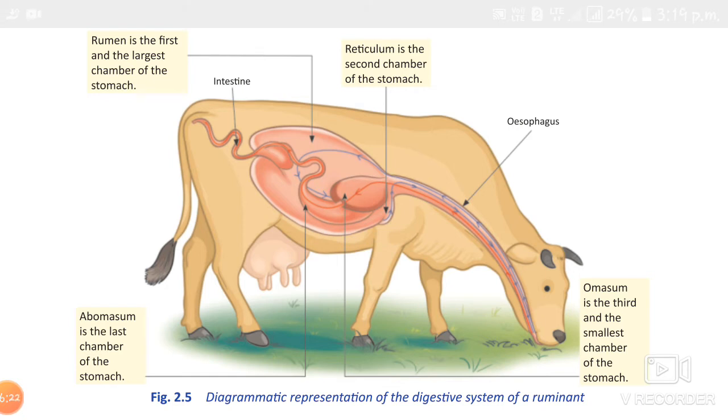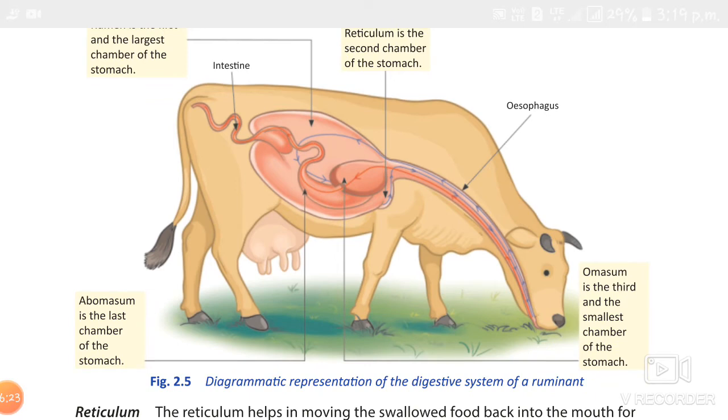The second chamber is the reticulum. It helps in moving the swallowed food back into the mouth for chewing.